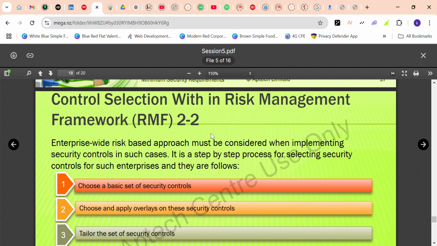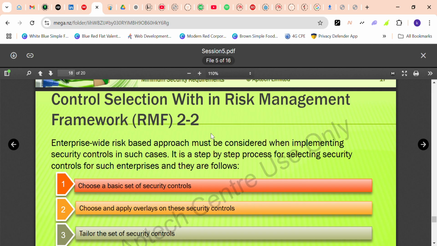So let's talk about the control selection within the risk management framework. An enterprise-wide risk-based approach must be considered when implementing security controls in such cases. It is a step-by-step process for selecting security controls for such an enterprise, and they are as follows. Number one is to choose a basic set of security controls. Number two, choose and apply overlays on the security controls also.